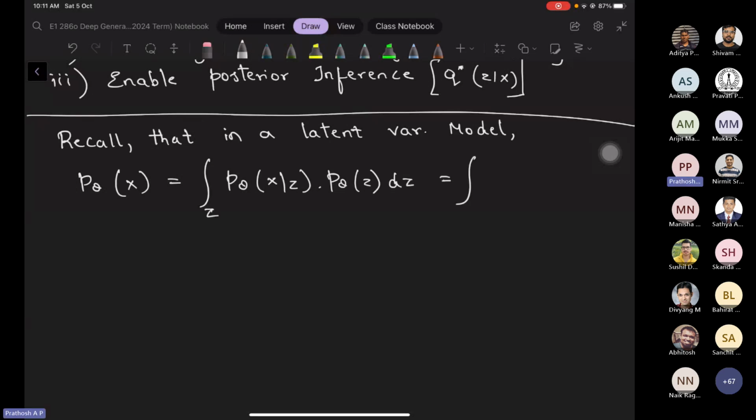So this is also equal to the integral of the joint distribution.